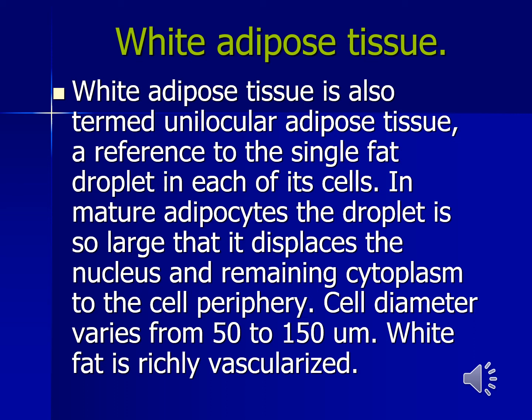White adipose tissue is termed unilocular adipose tissue. Why? Because in the adipocyte there is one large lipid droplet, and this large lipid droplet pushes the nucleus to the peripheral part of the cell. It is a large cell, from 50 to 150 micrometers in diameter.